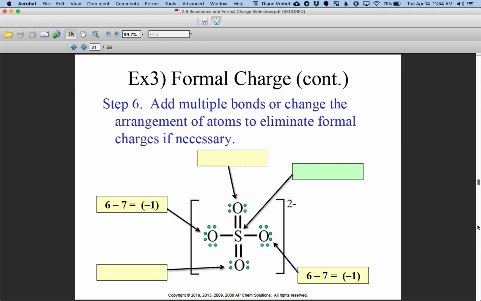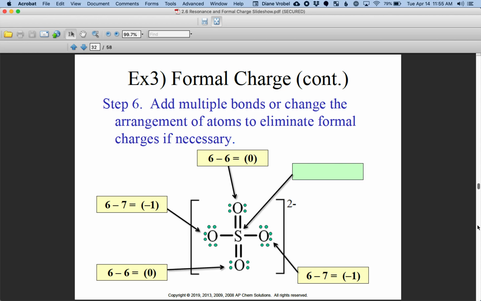If we were to change the way that oxygen shares its electrons with sulfur, notice that we're introducing double bonds. And like I said, sulfur is in the third energy level, so it can exceed its octet. So we need to look at formal charge. And notice that oxygen, when it forms a double bond with sulfur, we're actually bringing its formal charge closer to zero. So we have two oxygens with formal charge of 0.